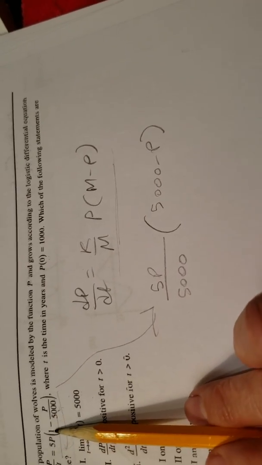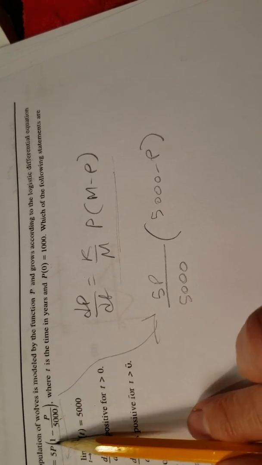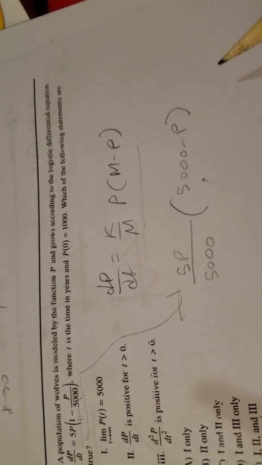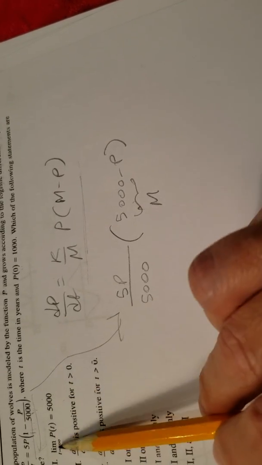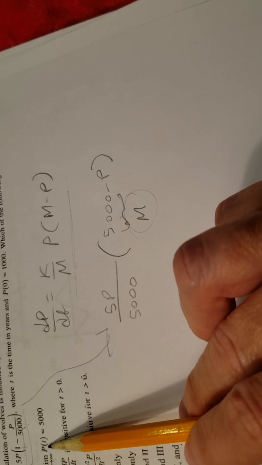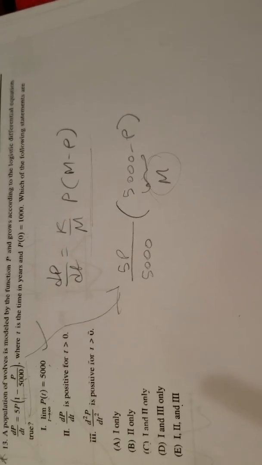So think of this as 5,000 over 5,000 and factor out 1 over 5,000. So you're left with the 5,000. And yep. Okay, so my M is 5,000. And you know that that's the maximum capacity. So the limit as t approaches infinity of the population will reach maximum capacity, which is 5,000. So this is correct.